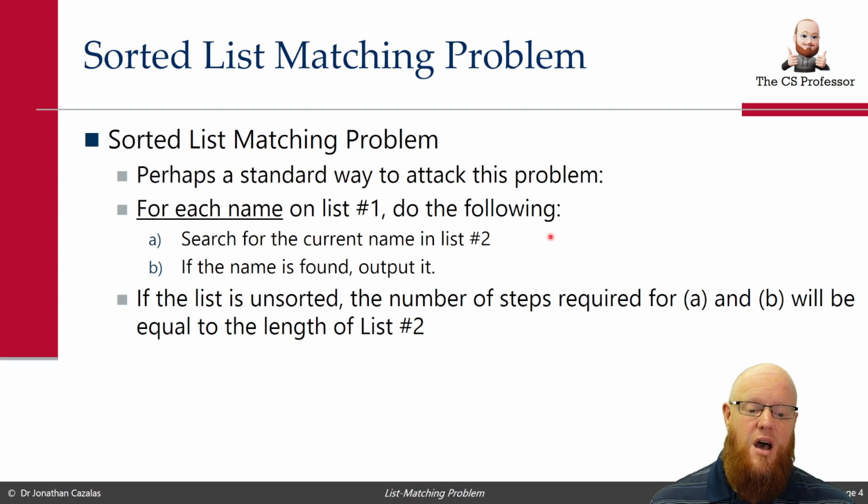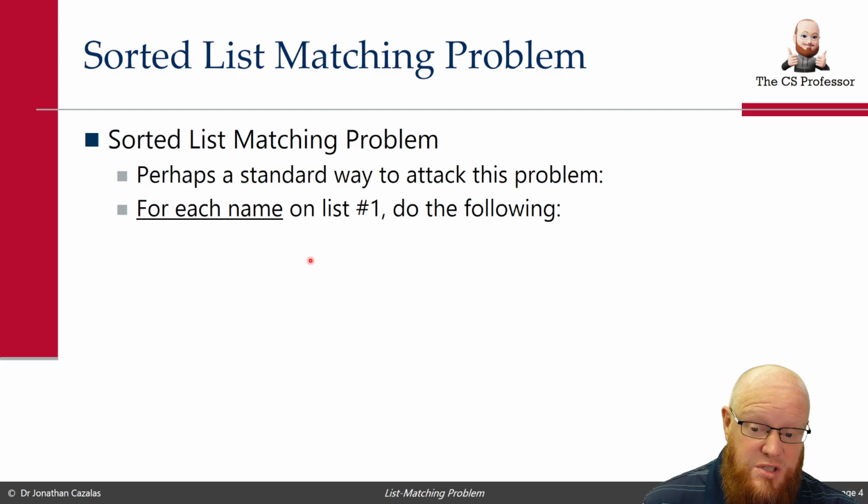If the list is unsorted, the number of steps for A and for B will in fact be equal to the length of list 2. The number of steps required to basically search for the name in list 2 will be equal to the length, right?